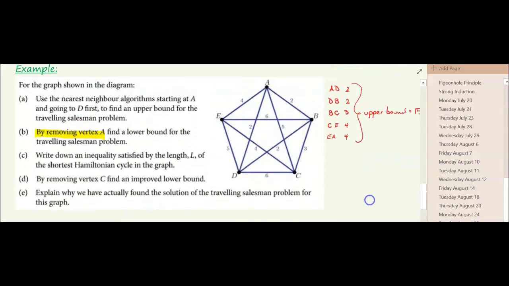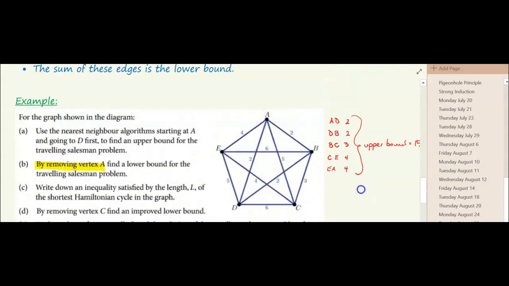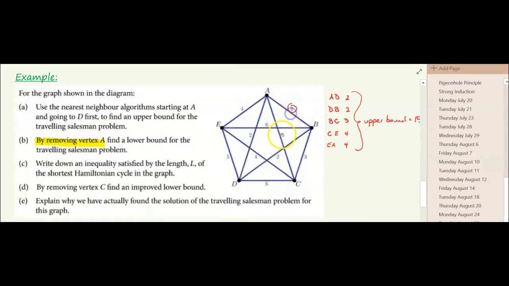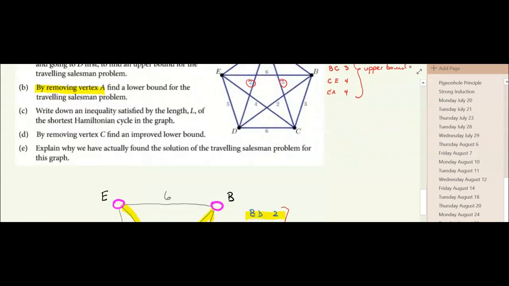Okay, the last thing we do is we connect A, and we use the two. There are four edges connecting A. We choose the two smallest to connect A, and we add that on to our minimum spanning tree.